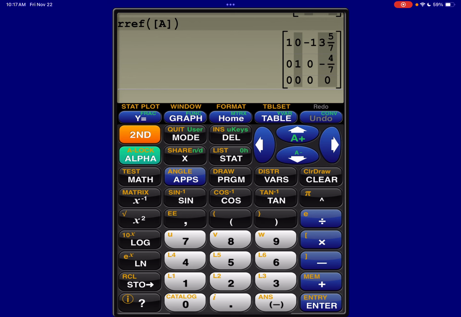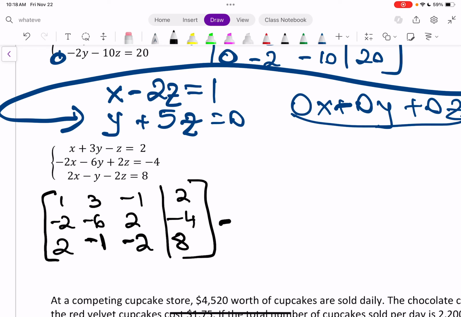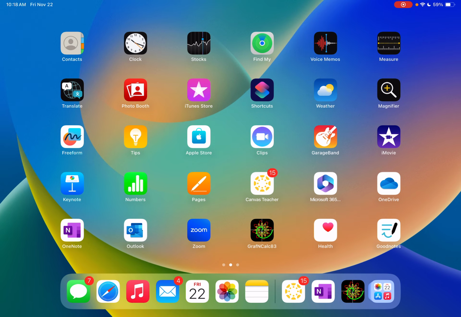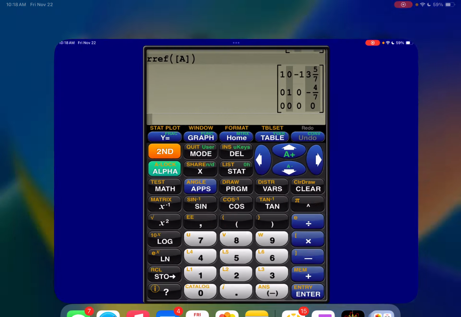Okay, so again, you kind of see some things going on there, but what I want you to notice is the last row of this matrix. And what you see in the last row is a bunch of zeros. So I will write it down. And I saw some numbers there, which really make no difference.